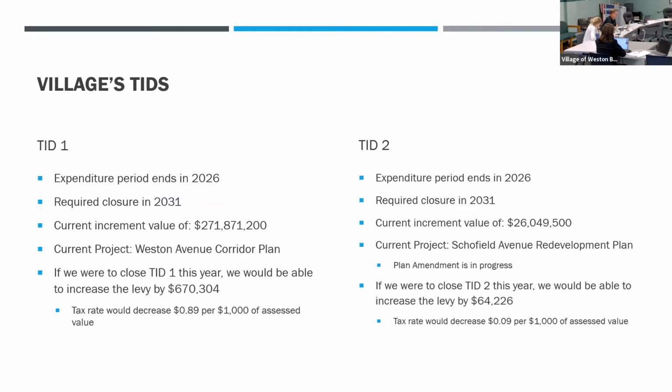Otherwise, it'll happen piecemeal over time and is unlikely to happen in any short period of time. That is our number one project, but there are a number of other eligible projects in TID one.